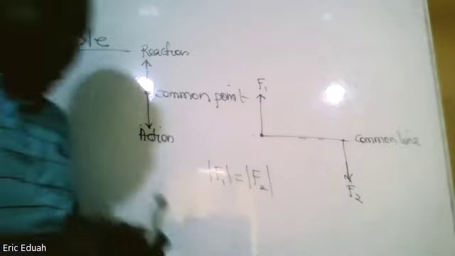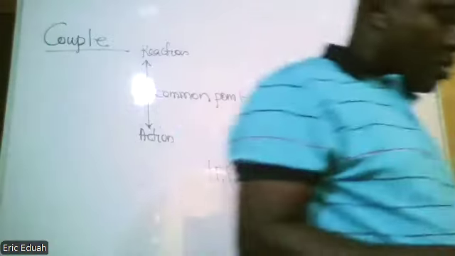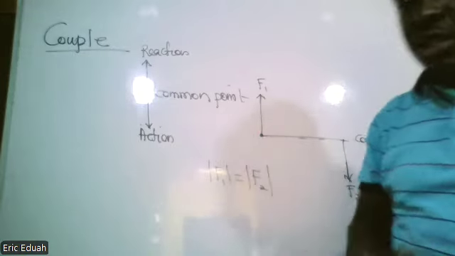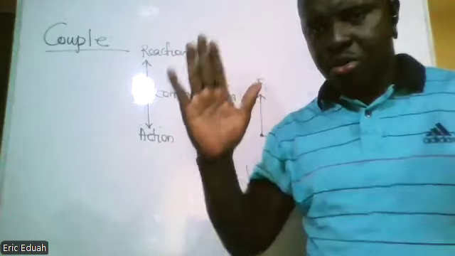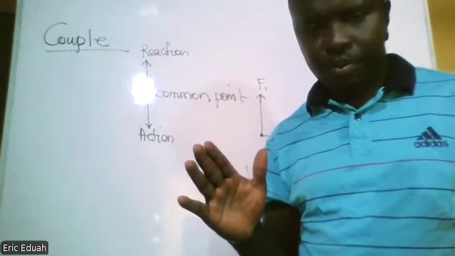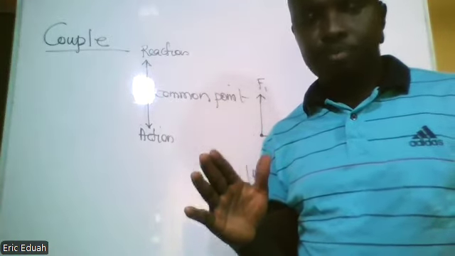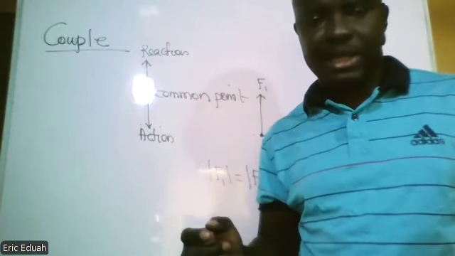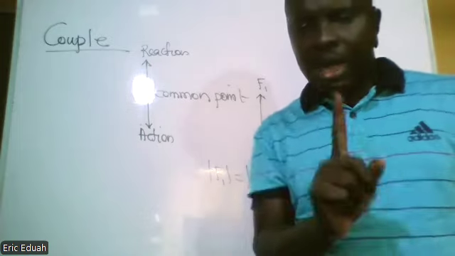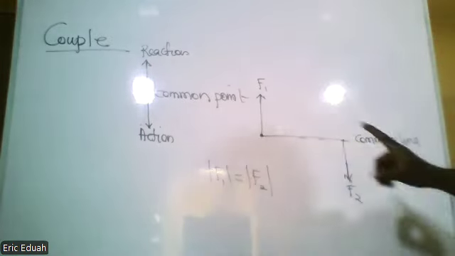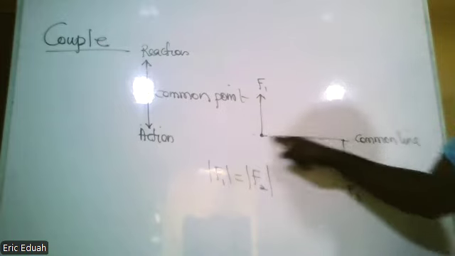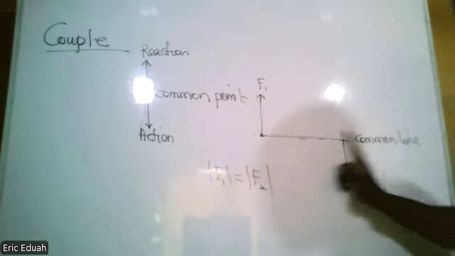So a couple system in physics is created when two forces are equal in magnitude, opposite in direction, and parallel. You have to talk about acting on a common line, but at different points.